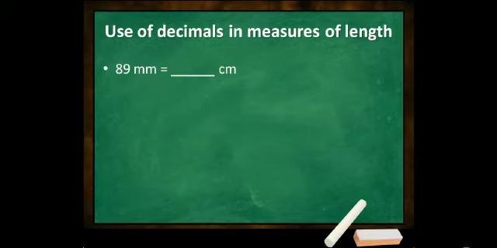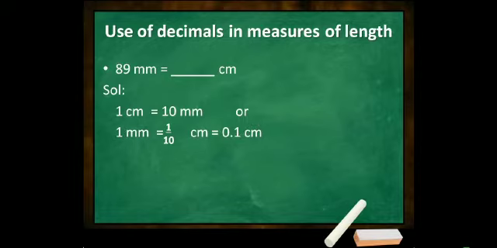Now the next problem is 89 mm. You have to convert it into centimeters. 1 centimeter is equal to 10 mm, or you can say 1 mm is equal to 1 upon 10 centimeters, which is equal to 0.1 centimeters. So for 89 mm, you have to multiply by 1 upon 10. 89 into 1 is 89 upon 10.